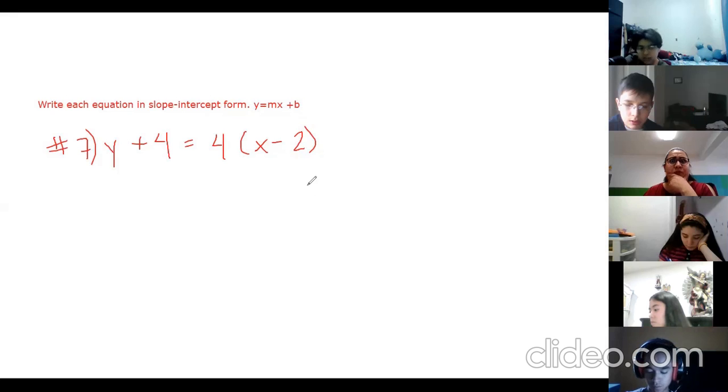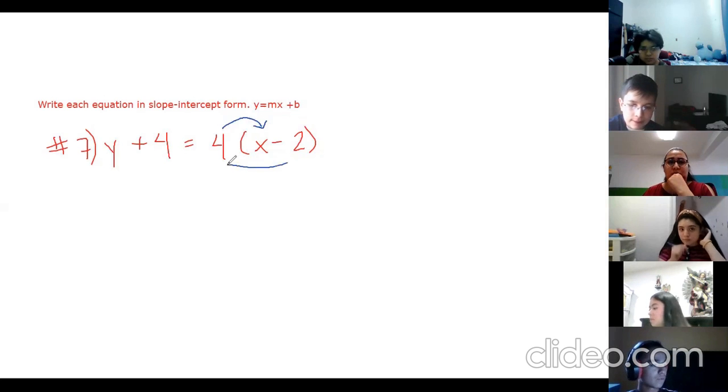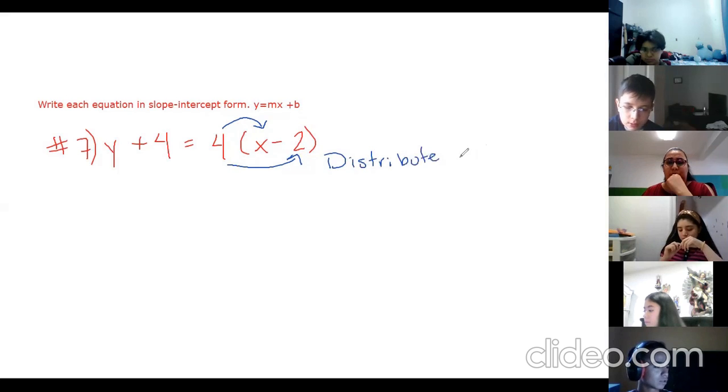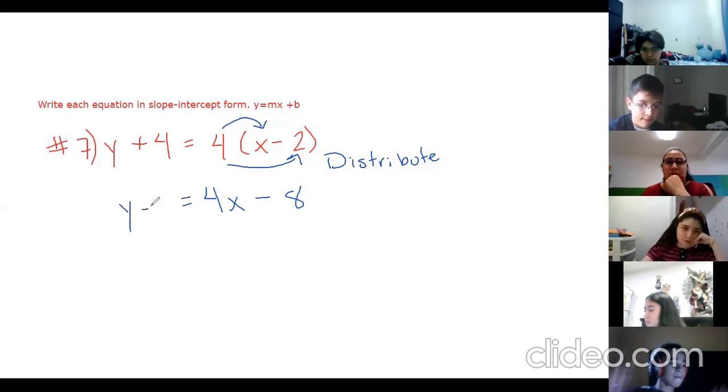No, just the 4. This 4, we pass it over here? No, I think no. We first distribute. Exactly. The first thing to do, 4 times x and then 4 times -2. That is 4x minus 8. The first thing to do is we need to distribute.